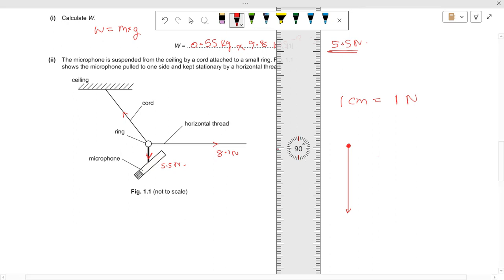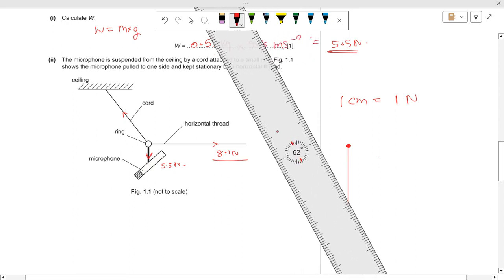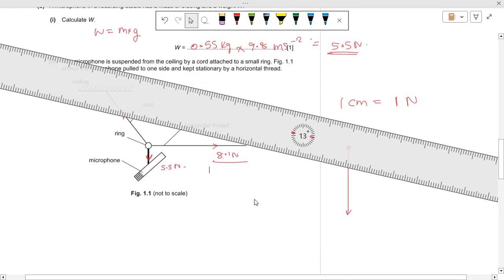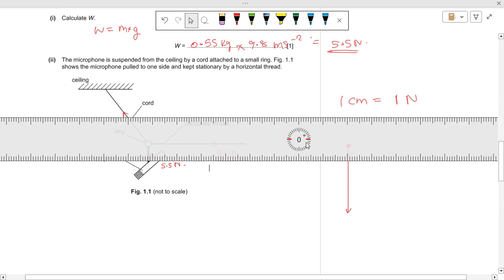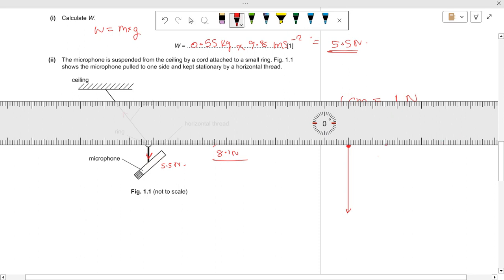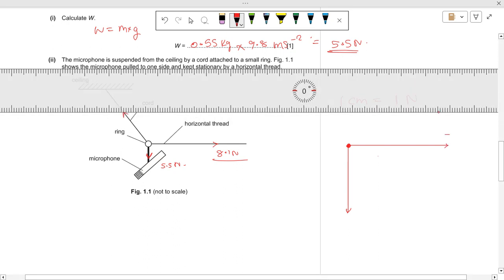Then the horizontal thread has 8.1 newtons, so the length of that line should be 8.1 centimeters: 1, 2, 3, 4, 5, 6, 7, 8.1. This is 8.1, this is 5.5.